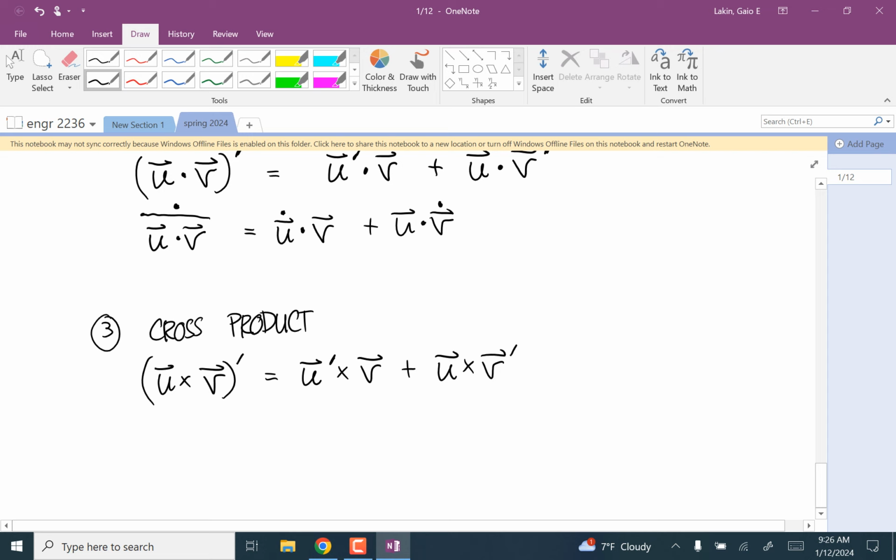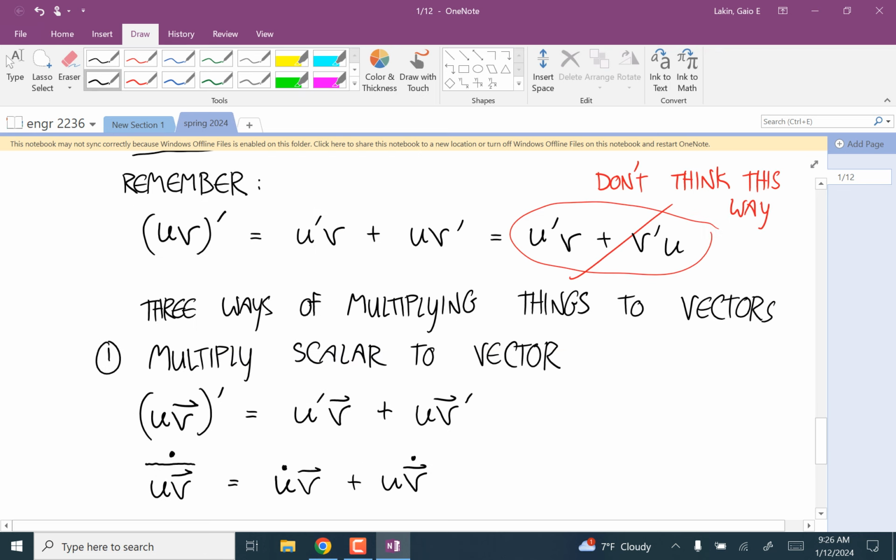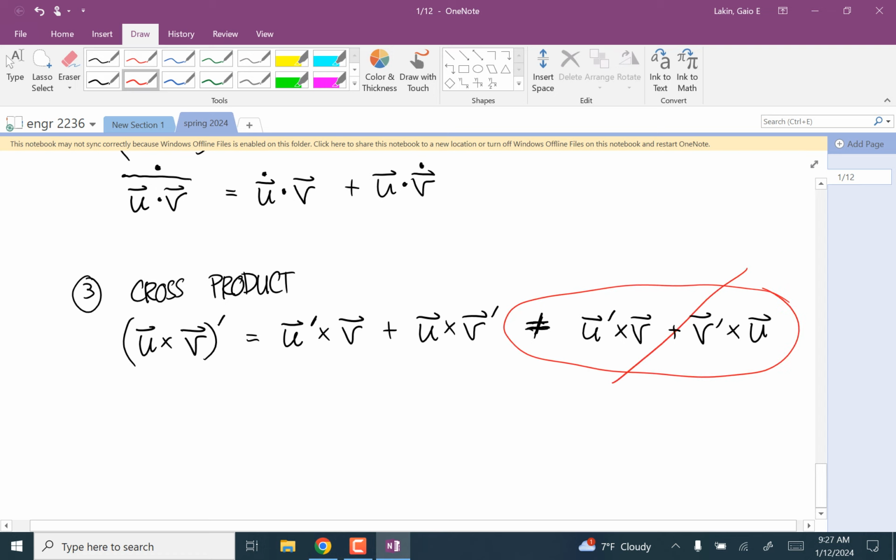But here's the thing you have to be careful of. If you think of it this way and not this way, you don't really have to think about it. It'll just always work out. But here's where it goes wrong. This is not equal to u derivative cross v plus v derivative cross u, because in the cross product, the order affects the answer, okay?